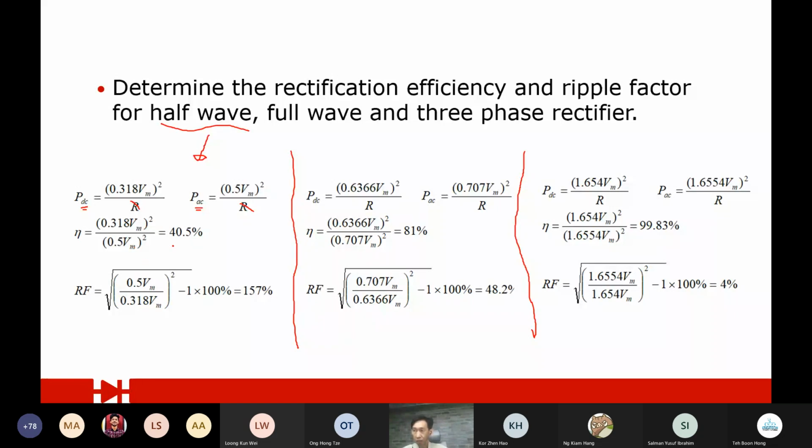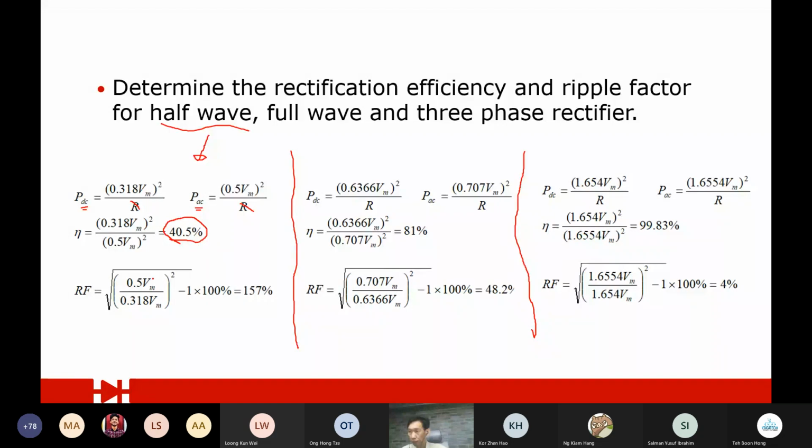So you will get around 40.5% rectification efficiency. Very obviously less than 50%, because we know that it only rectifies half of the cycle. So you get around 40.5%.